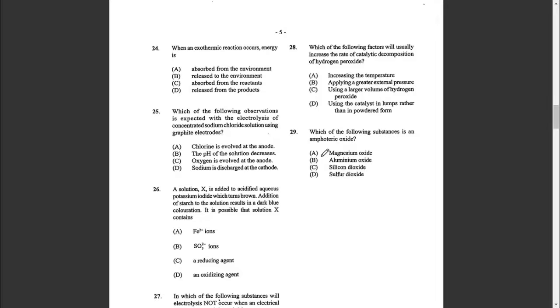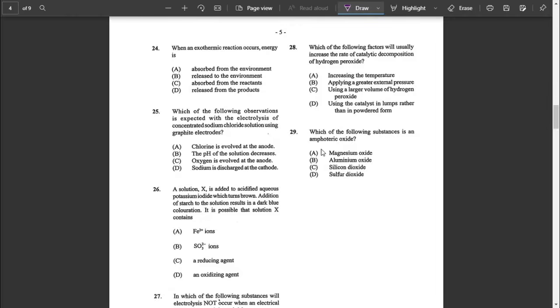When an exothermic reaction occurs, is energy absorbed from the environment, released to the environment, absorbed from the reactants, or released from the products? In an exothermic reaction, energy is released to the environment. So that's B.